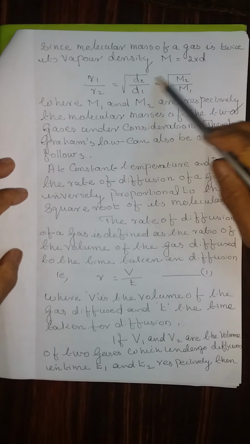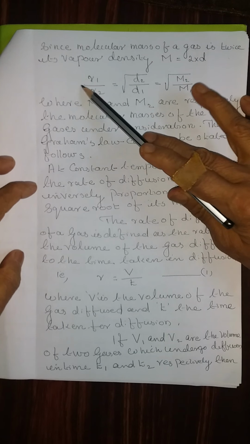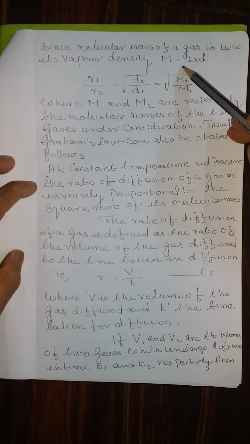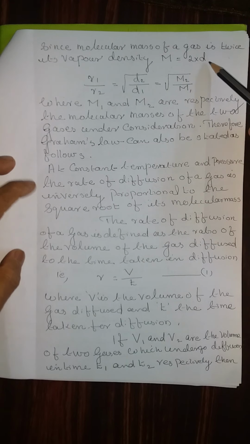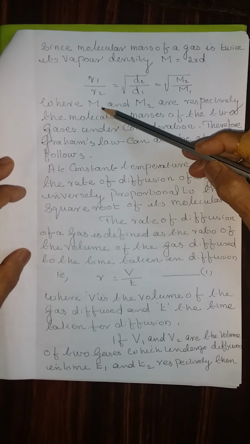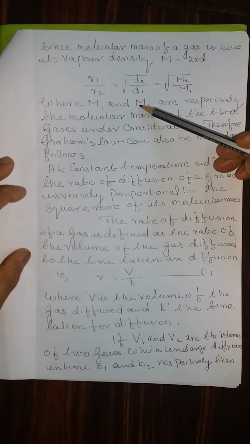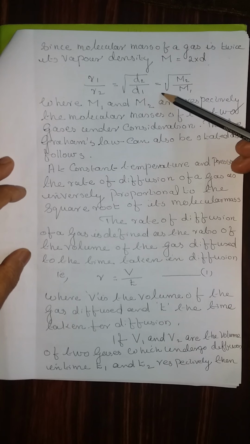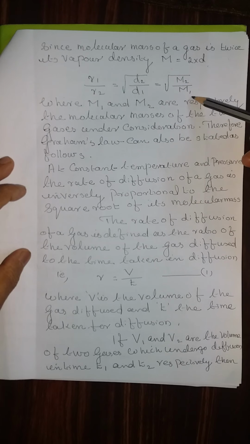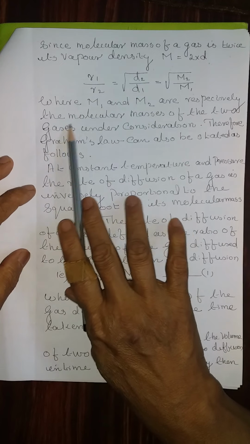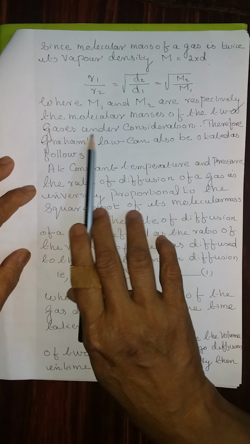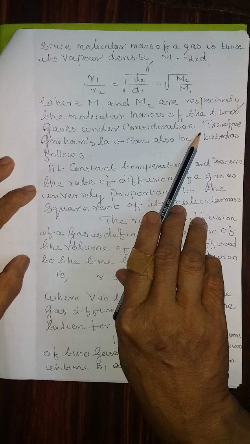Since the molecular mass of a gas is twice its vapor density, that is molecular mass equals 2 into vapor density, as you studied in that relationship, therefore R1 by R2 is equal to the root of D2 by D1, which is also the root of M2 by M1, where M1 and M2 are respectively the molecular masses of the two gases under consideration.